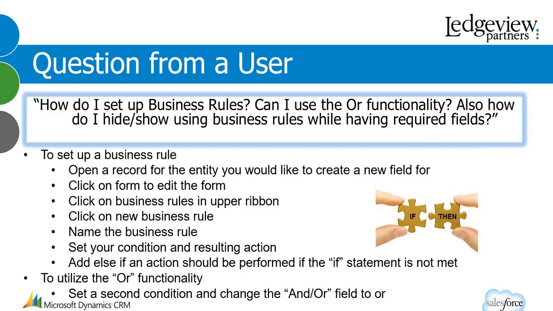Click on that, and then there's going to be new business rule. I'm going to jump into CRM and show you exactly how to do this. Then you're going to set your conditions and resulting actions. And then an otherwise if is also known as else within the business rules. So let's jump into CRM, and I'm going to quickly show you how to do that.